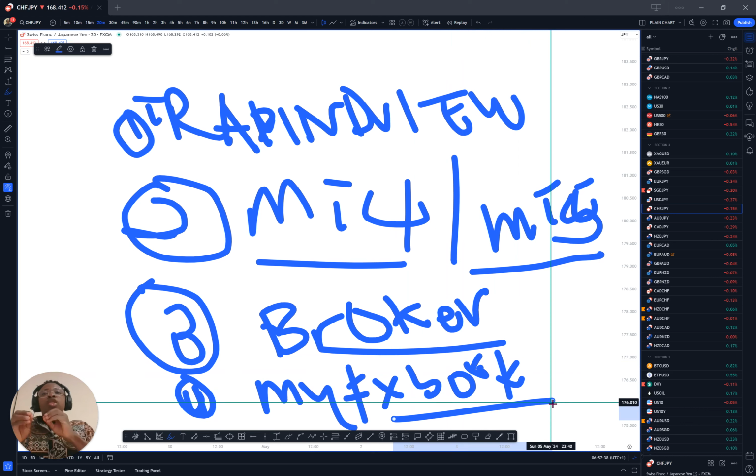If you connect your MetaTrader or whatever platform you are using, which allows MyFXBook, I think it is cTrader and MT4, MT5, it would give you the statistics of your trades, like the currencies you've been trading and the percentages you've made on your trades. It gives you very good statistics.